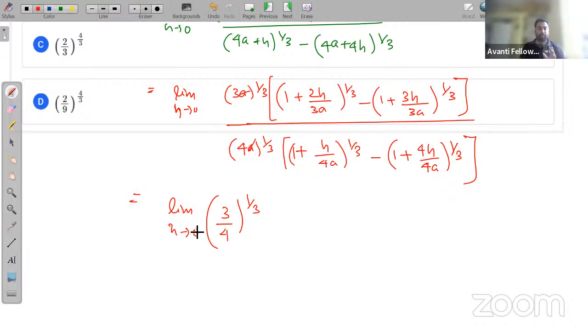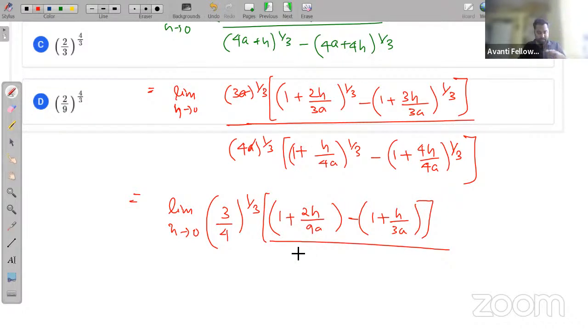Now use the binomial approximation. If we use the binomial approximation, what will happen? This becomes 1 plus 2h upon 3a into 1 by 3, that is 2h upon 9a, minus 1 plus, 3 will be cancelled out, so h upon 3a, whole divided by 1 plus h upon 12a minus 1 plus 4h upon 12a, 4 will be cancelled out, this will be h upon 3a.